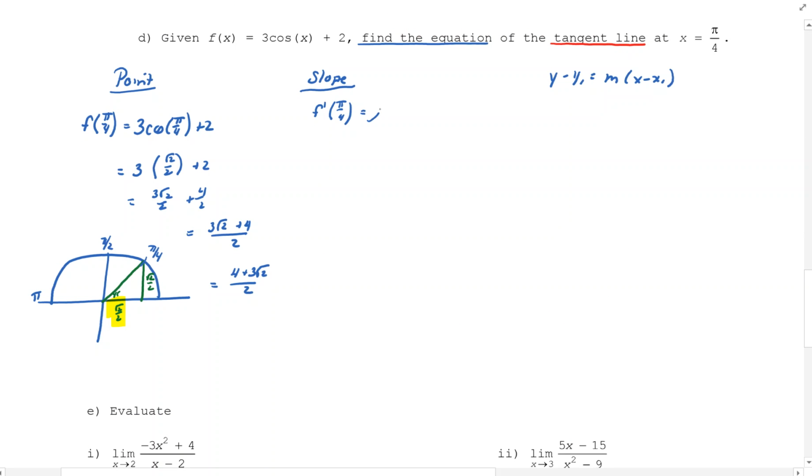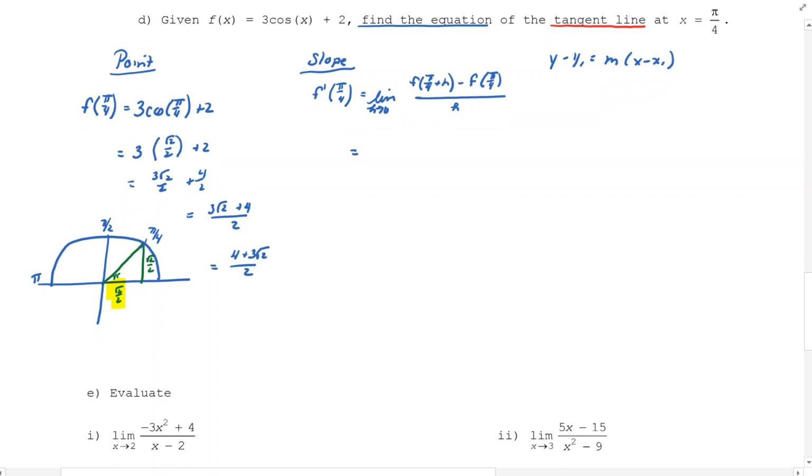We want the limit as h goes to 0 of f at pi over 4 plus a little bit h minus f at pi over 4 all over h. So this is not just a nice polynomial function, so we're anticipating that we're probably going to use a table of values, but we'll go through the process and simplify this as much as we can.